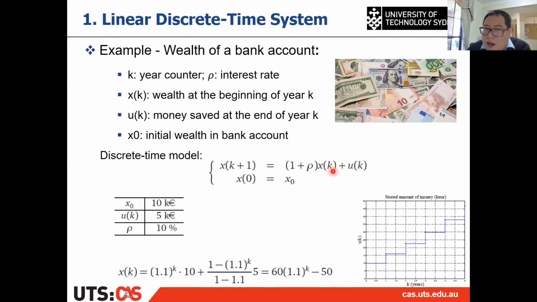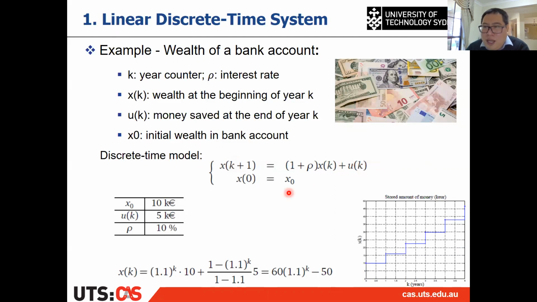Another part is the saving in the whole year k, which is uk. And the third part is the interest, which is rho times xk, right? And then we have the relationship between xk plus 1 and xk, and that's the formulation of our linear discrete time system for that example, right?